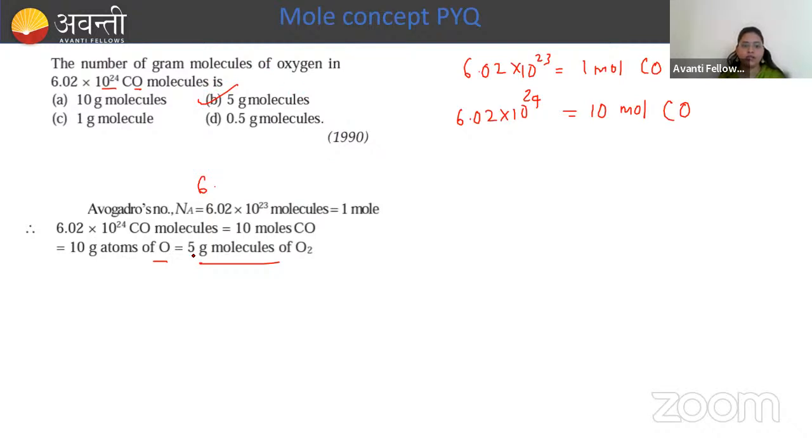Did you understand the question, answer, explanation? Yes, 10 gram of atom is equal to 5 gram of molecules of O2.